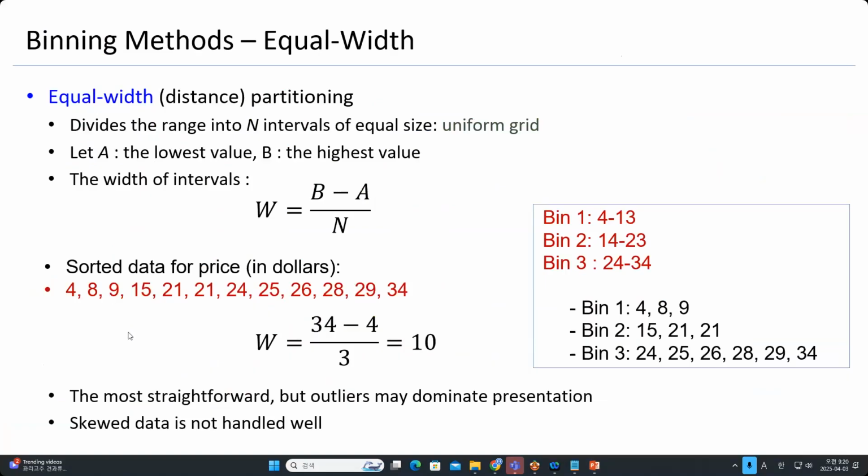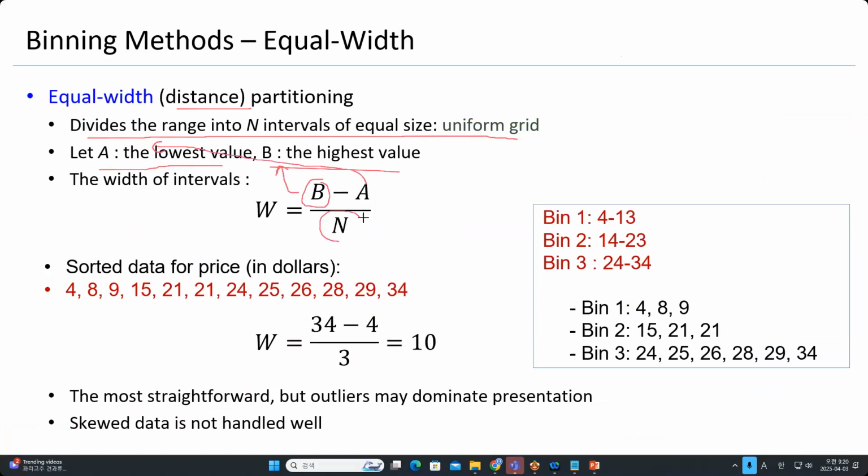We have another kind of pin. We call it equal width or equal distance. When we go to the equal distance, we want to divide the range into n intervals. So we have the uniform grid, with the lowest value and the highest value. Let's say B is the highest and A is the lowest.